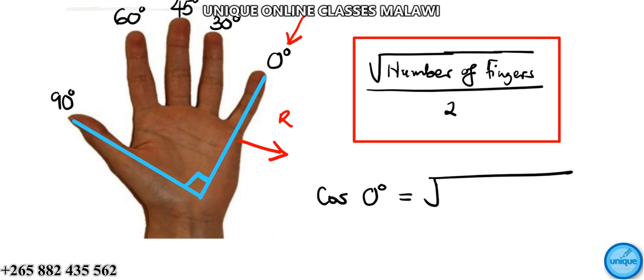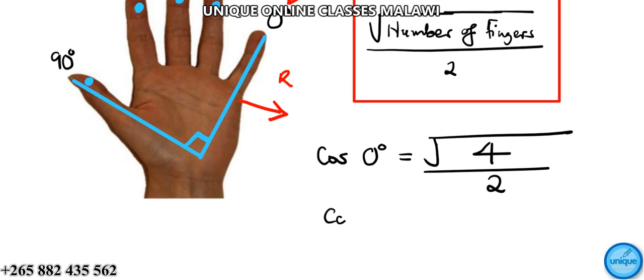You see we have this finger here, 1, 2, 3 and 4 fingers. Since it's cos, we go to the left. So we have 4 fingers, representing the number of fingers, then divide by 2. So cos of 0 degrees is equal to root of 4 over 2.